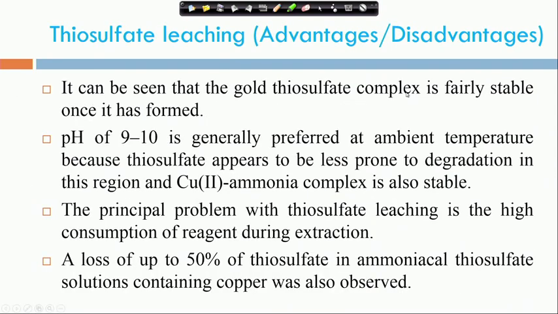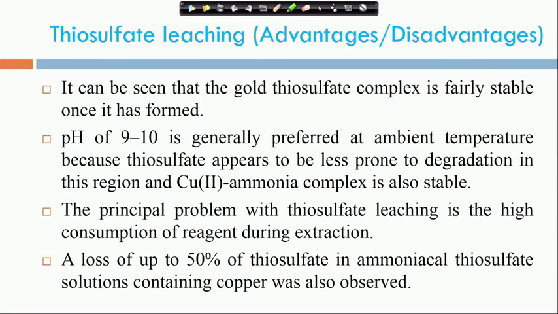Any process has certain advantages and certain disadvantages. The gold thiosulfate complex is fairly stable. A pH of around 9 to 10 is generally preferred, especially at ambient temperature, because thiosulfate appears to be less prone to degradation, and the copper ammonia complex is more stable.